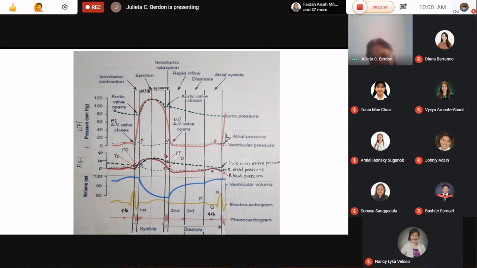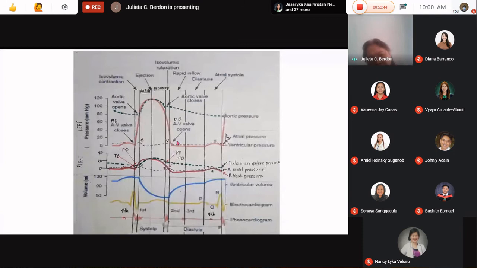Any questions? All right. And this phase will end when ventricular pressure is markedly decreasing until atrial pressure is greater than ventricular pressure. So what happens to our mitral valve? Atrial pressure is greater than ventricular pressure, so your mitral valve will open.